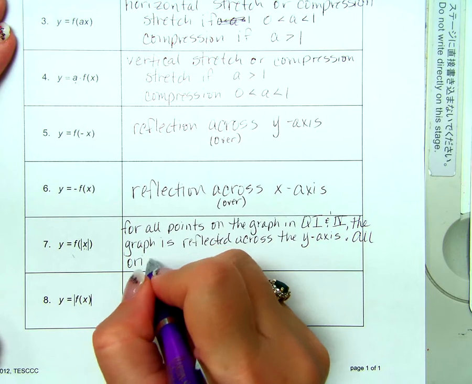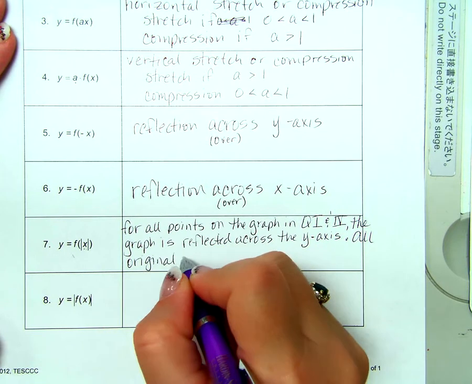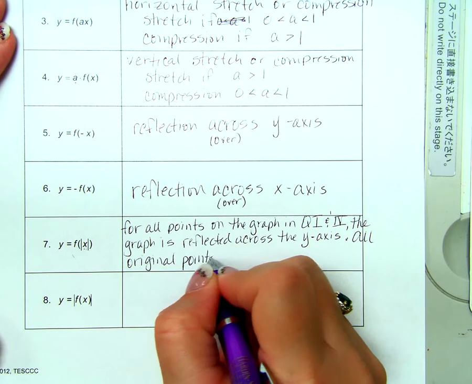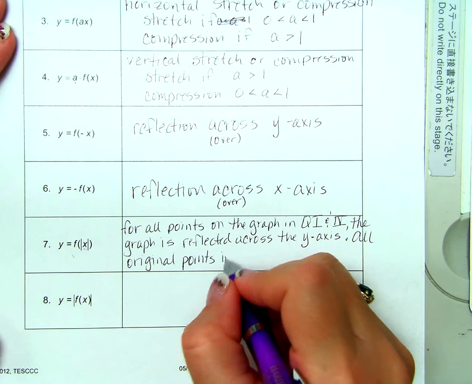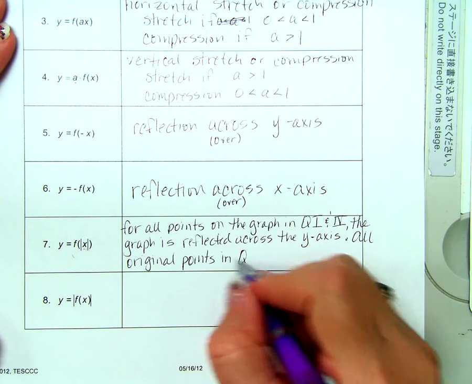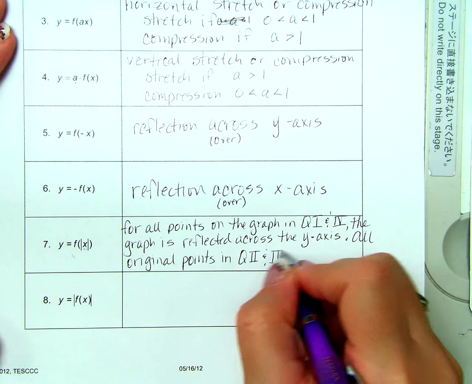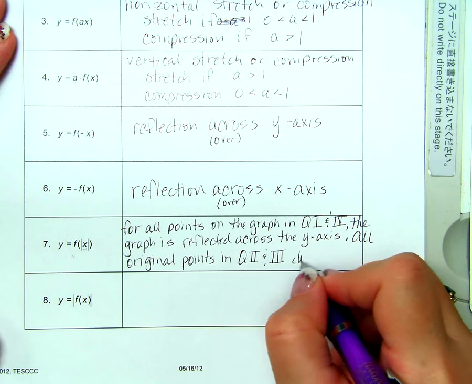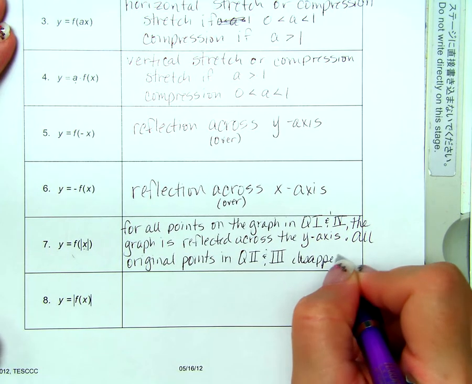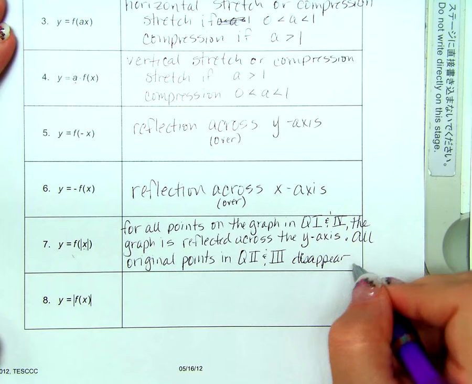All original points in quadrants 2 and 3 disappear.